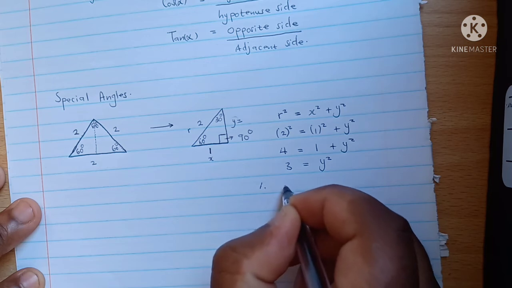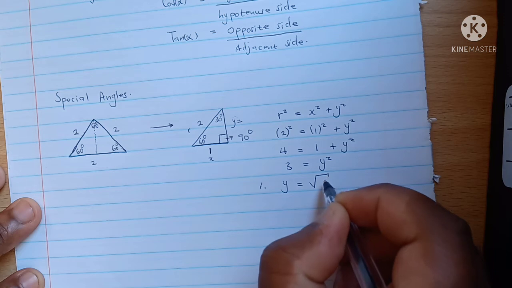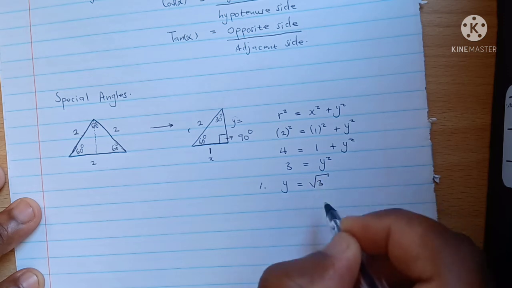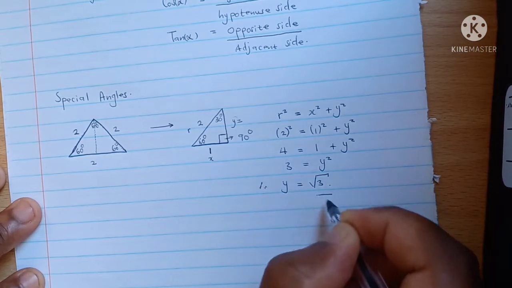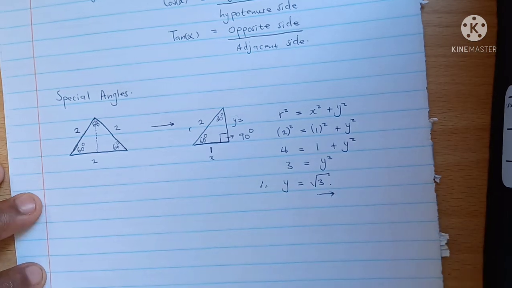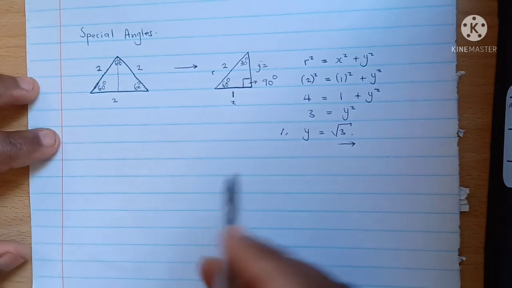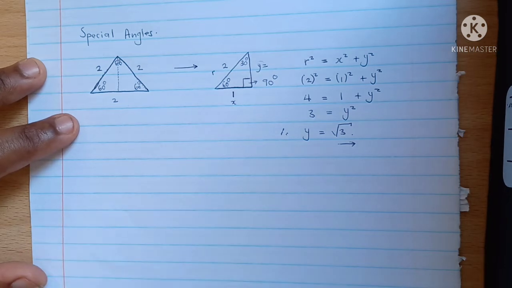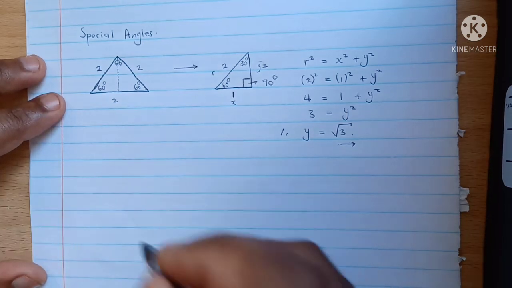Therefore, y is equal to the square root of 3. Now that we have this, we have a very special triangle that you guys should know.